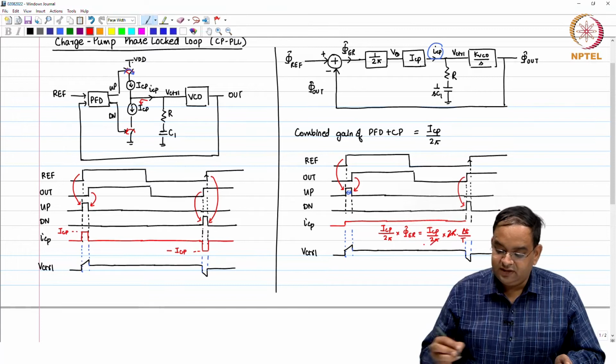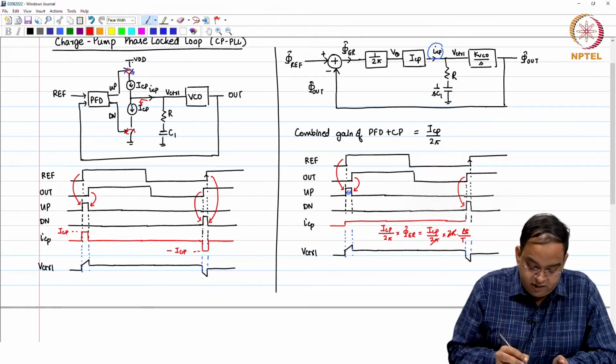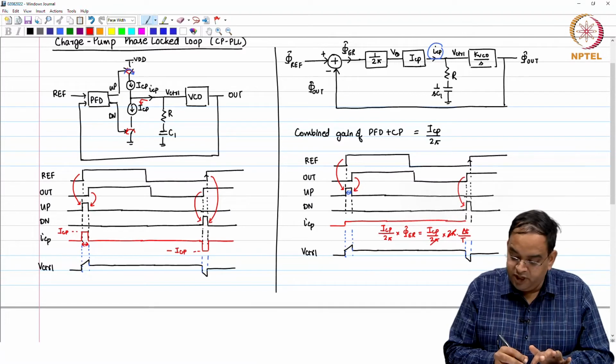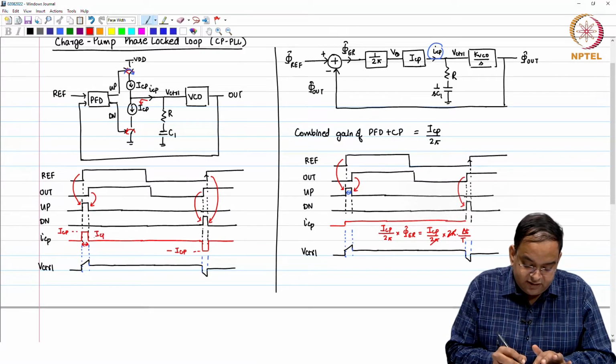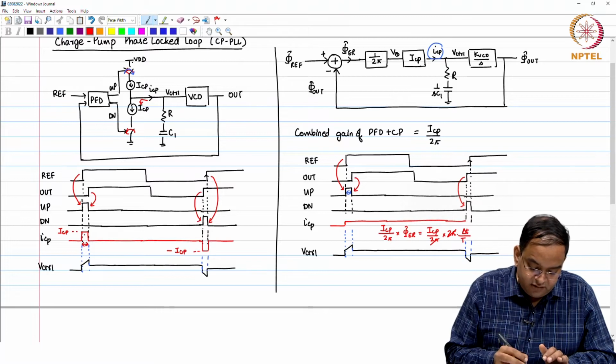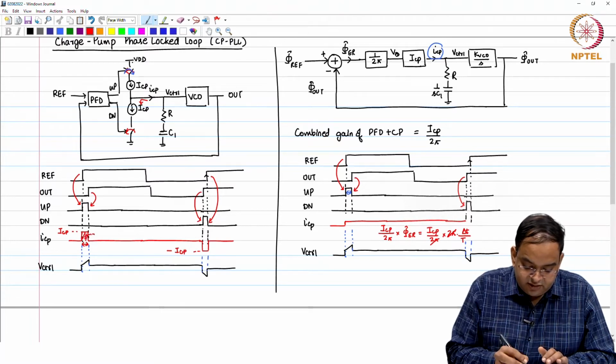So, these things cancel out. If you look at it, the total charge which I am going to add here is the area under this curve. This area under this curve is equal to ICP times delta t, which corresponds to the phase error.